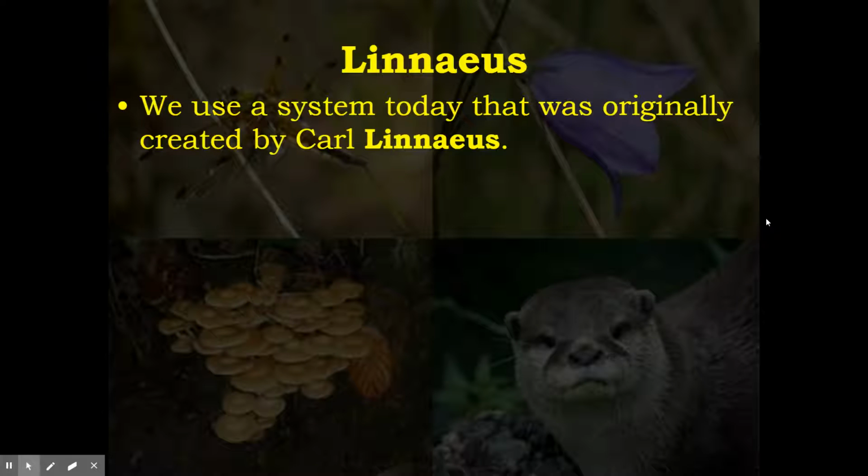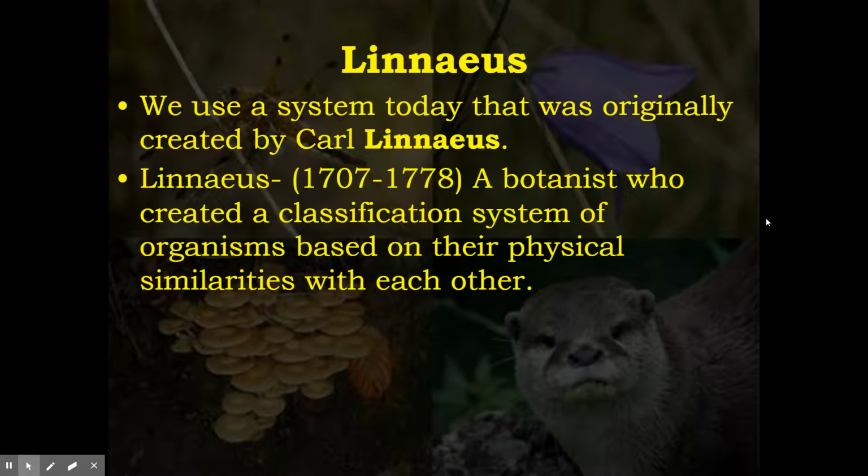There's this guy, his name was Carl Linnaeus, and he came up with the system that we're using today. He was alive back in the 1700s, and he was a botanist, which is a person that studies plants, and he created the classification system based on physical similarities.